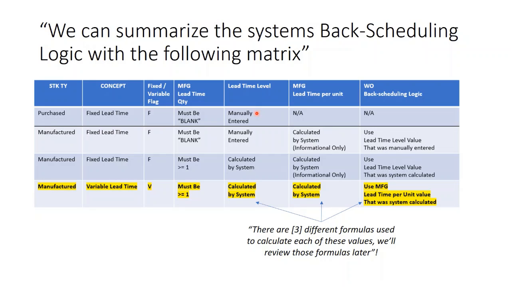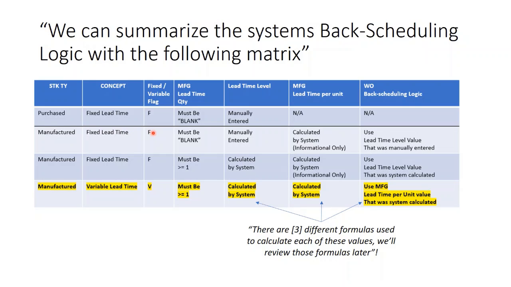field. For manufactured items, where we have a choice to use fixed or variable lead time concepts, for fixed lead time concepts, you must determine whether you'll manually enter the fixed lead time to replenish the make item, or if we want the system to calculate that for us.